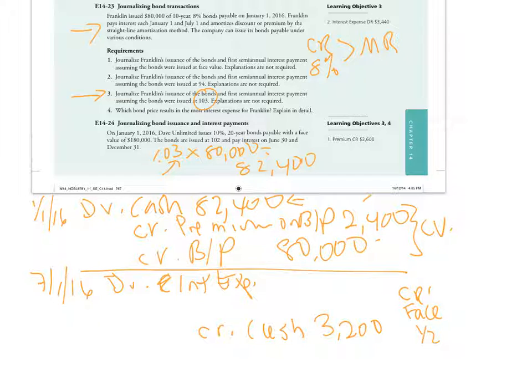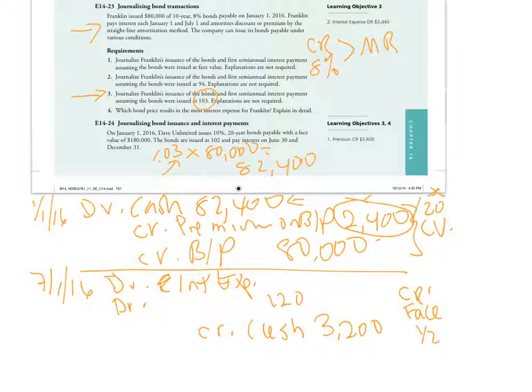Now we are going to reduce our interest expense by a portion of this premium. And the premium there is a total of $2,400. If we divide that by 20, because again there's 20 periods, I know I end up with an amount of $120.